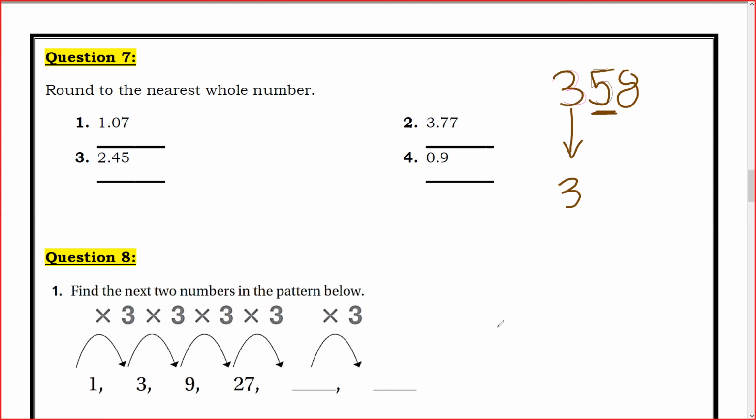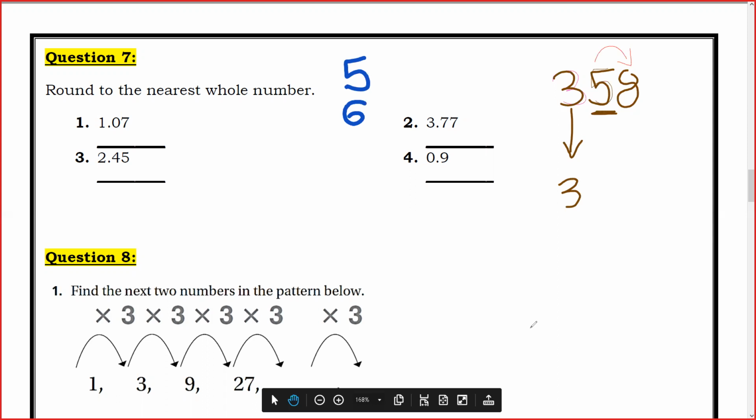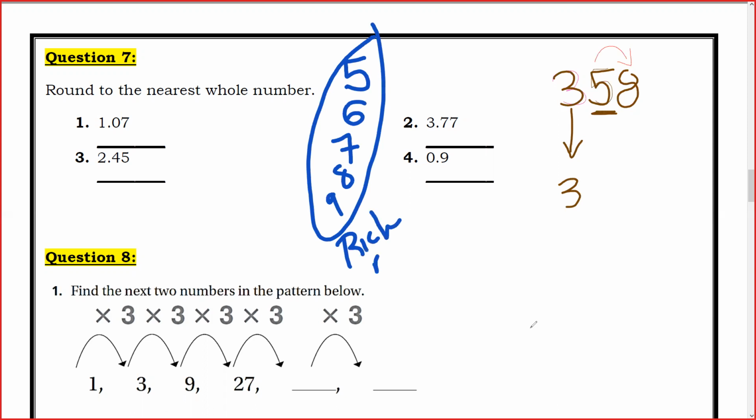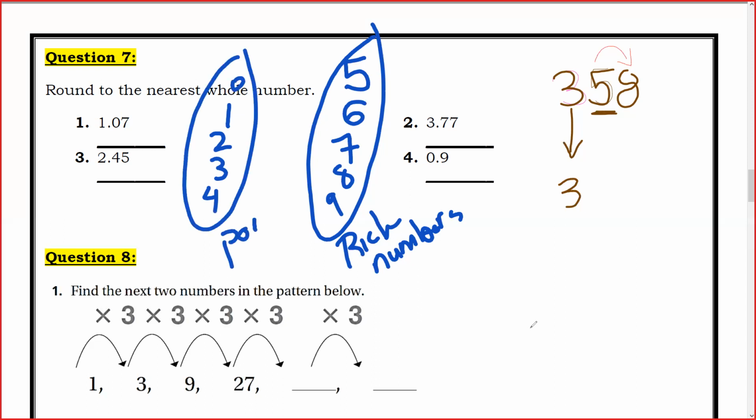When you want to round it, just look at the number before it, which is number 8. And you have to know something: numbers 5, 6, 7, 8, and 9, we call them rich numbers. If I ask her to give me, she will give me. But 1, 2, 3, 4, and 0, we call them poor.